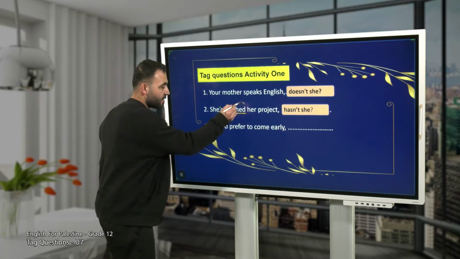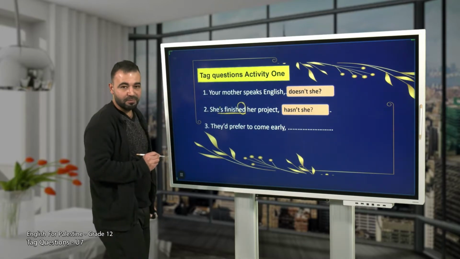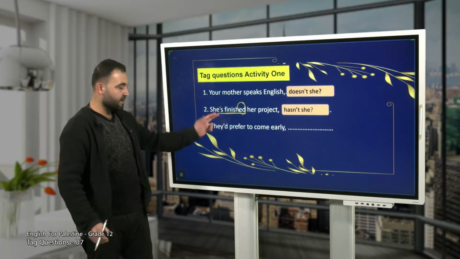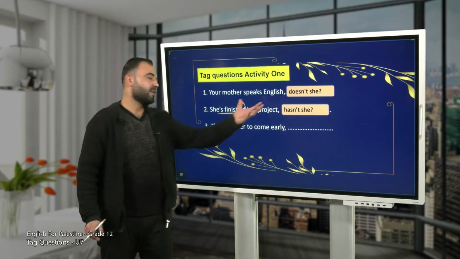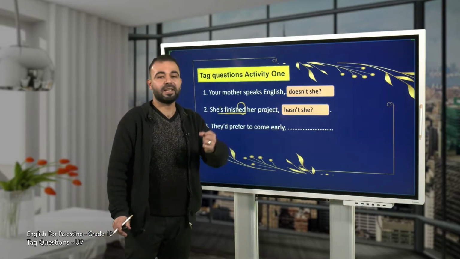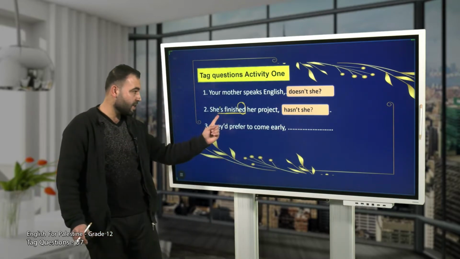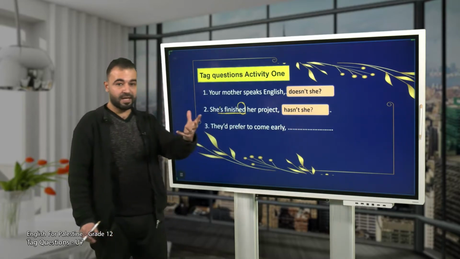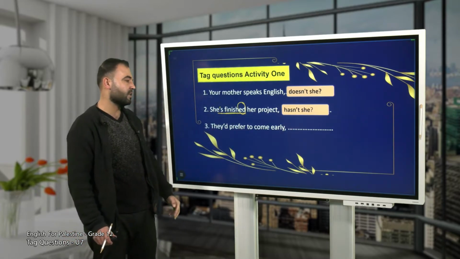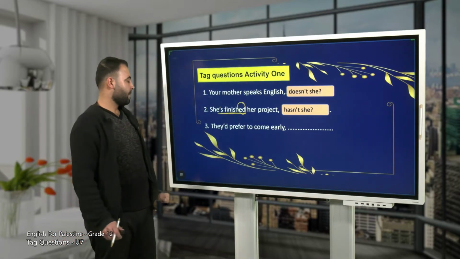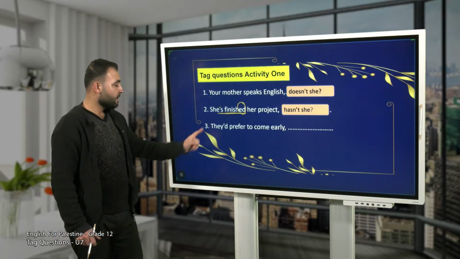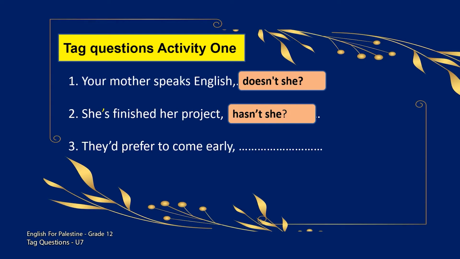Has plus the past participle form. So has shows here a positive statement and the tag question must be in a negative form. Positive statement, negative tag question. She is reflected as she.